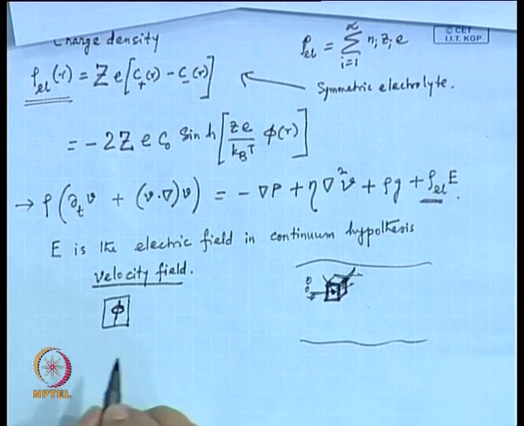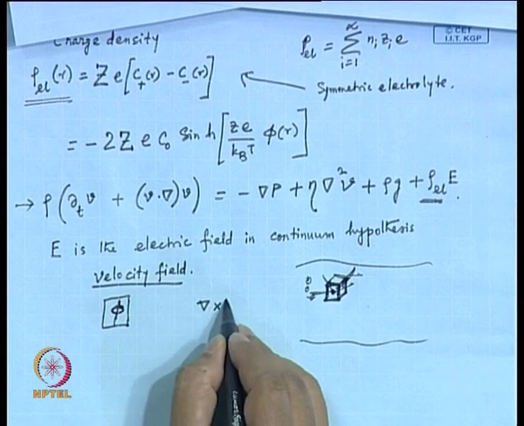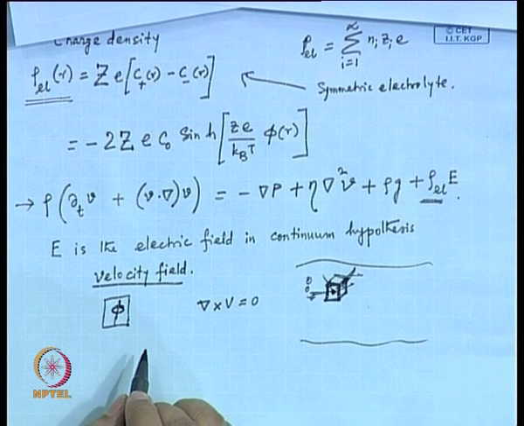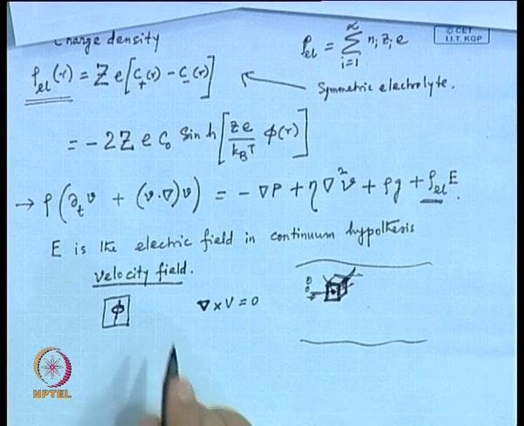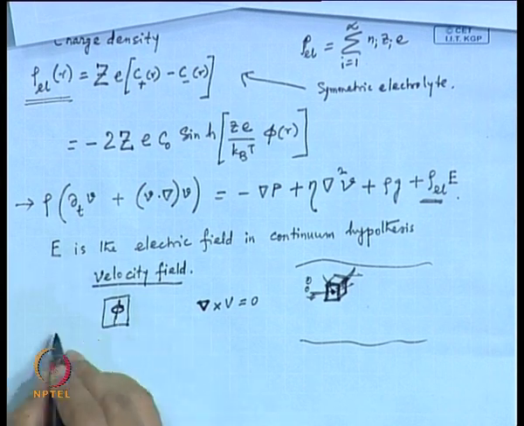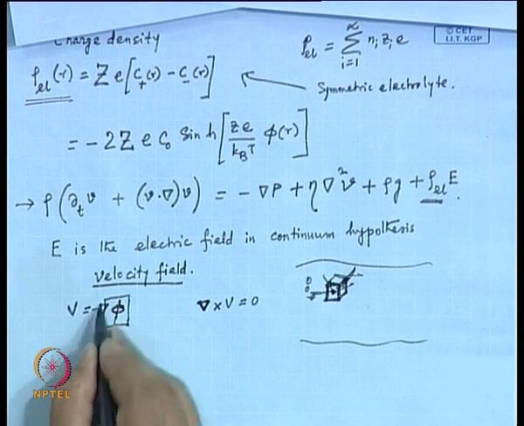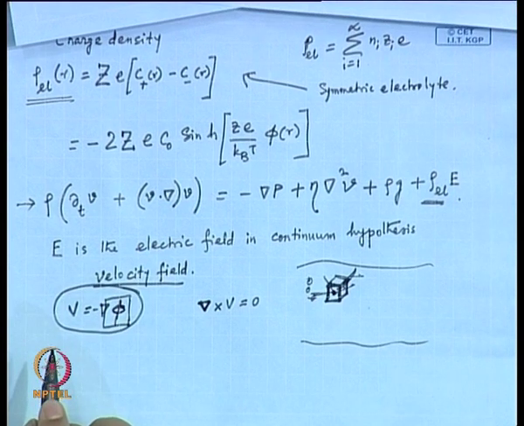This phi exists only when del cross V is equal to 0, where V is the velocity field, and then V is defined as minus del phi. That is how it is defined.